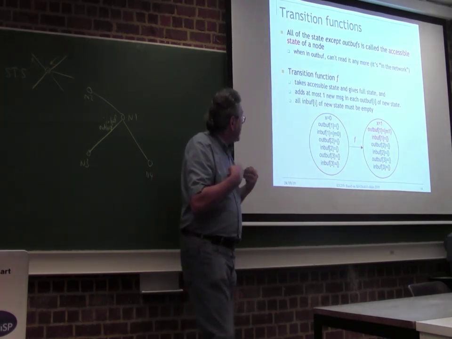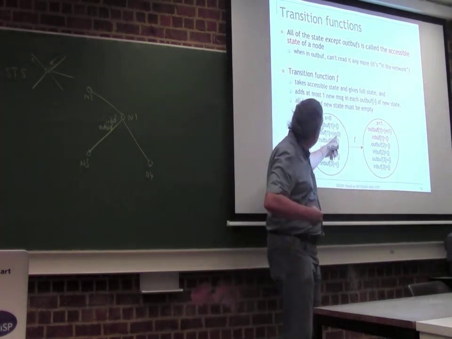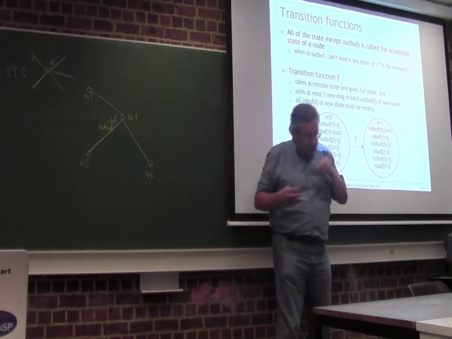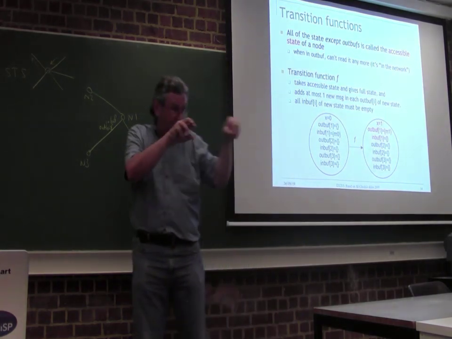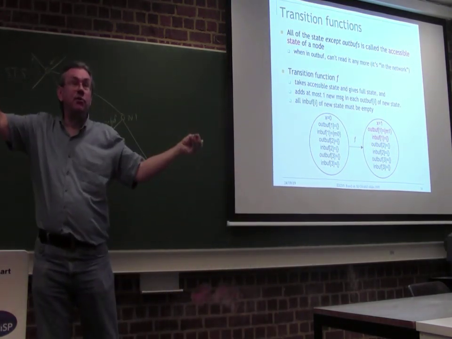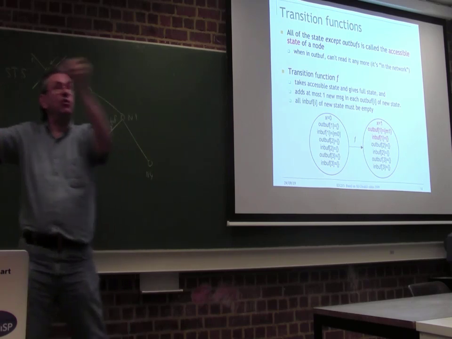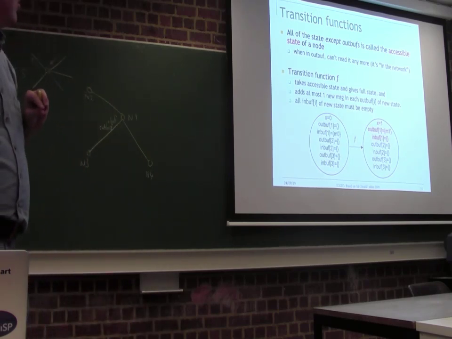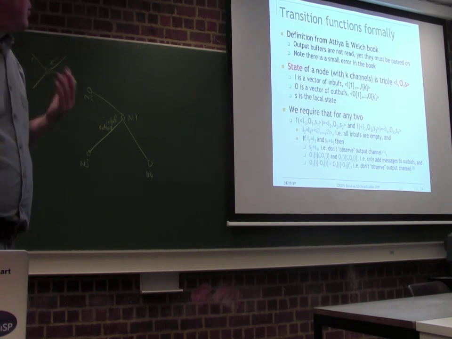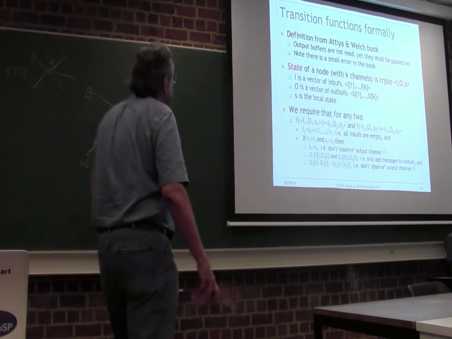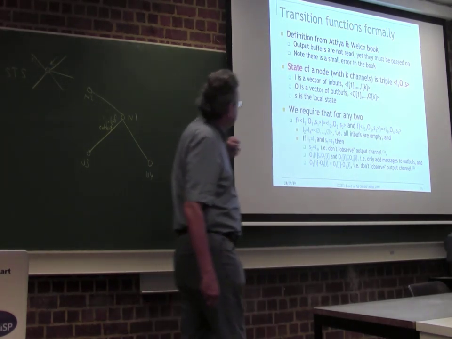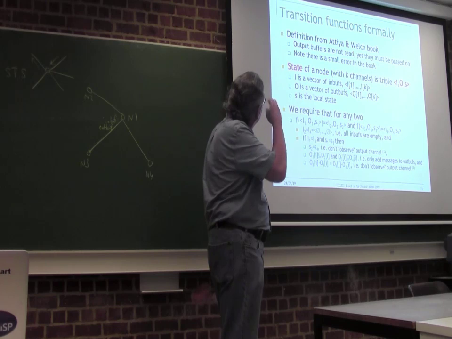So you can see that it'll be interesting. Sometimes, when I put a message in an out buff on one node, it has to arrive on another node. So there's going to be a transition which is like the message traveling across the network. Okay? That's how it works. So formally, it's a little bit tricky, but it's only because the out buffs are inaccessible.